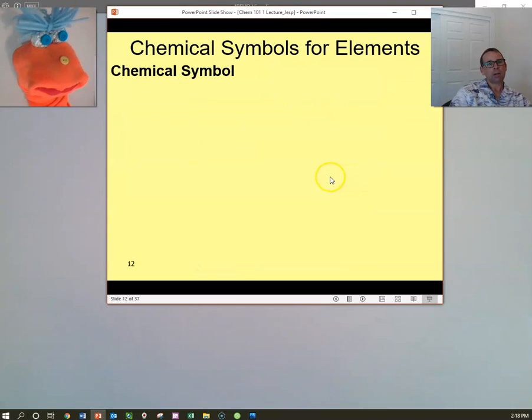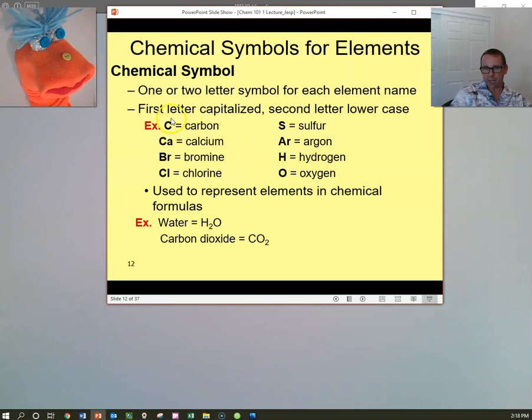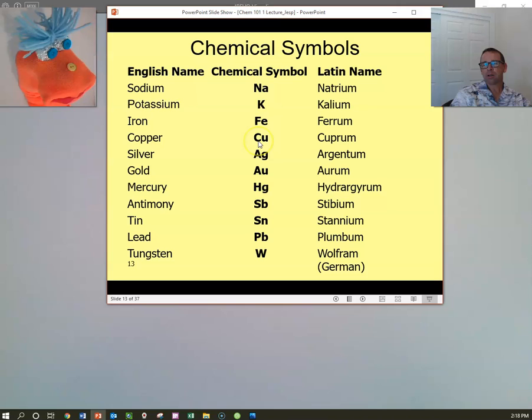Now, let's talk a little bit about these chemical symbols. We have letters to help us communicate with each other about the elements that are in a given compound. And these chemical symbols here, carbon, calcium, bromine, don't always follow the English alphabet, because some were named before English was the primary scientific language.